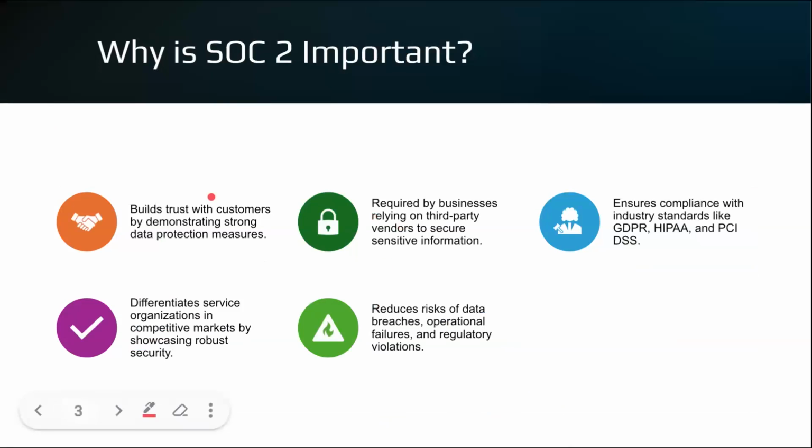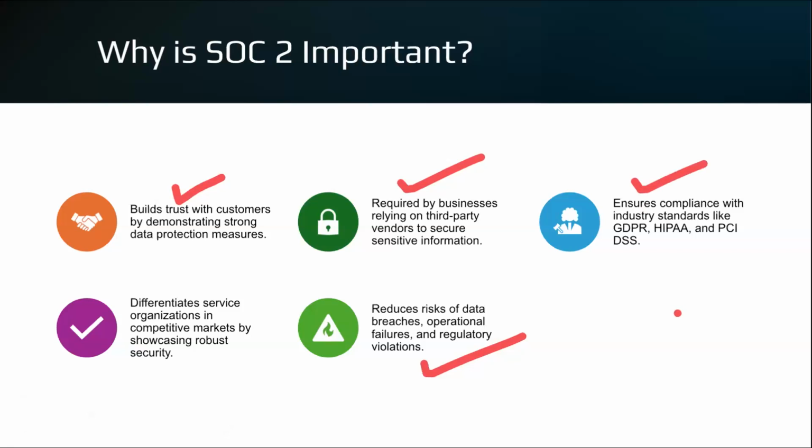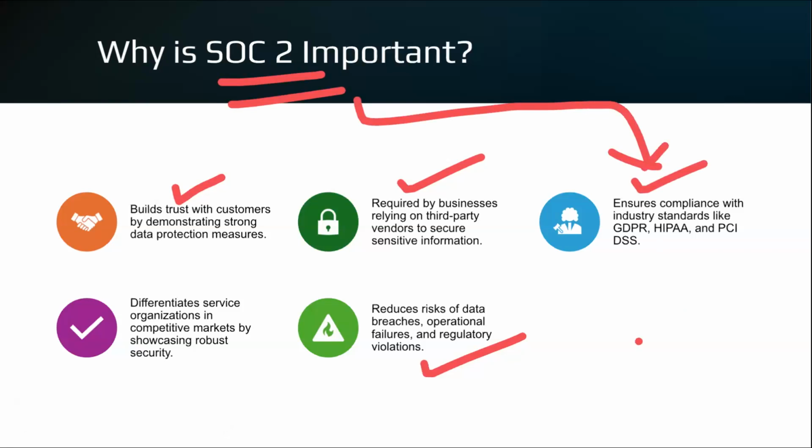Why is it important? It establishes trust, and is required by third-party vendors nowadays. It's a demand of the market. It provides assurance that there will be a reduced number of data breaches. It helps ensure compliance with industry standards like GDPR, HIPAA, PCI DSS. If you have implemented SOC 2 type 2, automatically 80 to 90% of these compliances will be met.